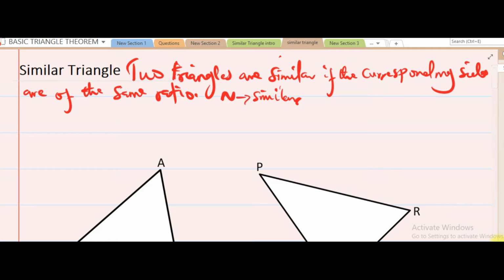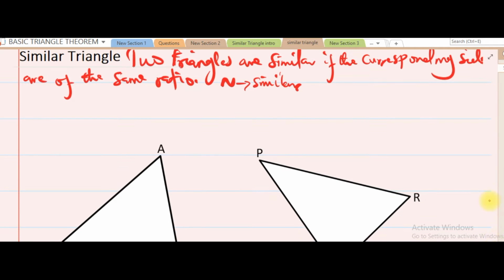Let me now use these two triangles to illustrate what we just defined.